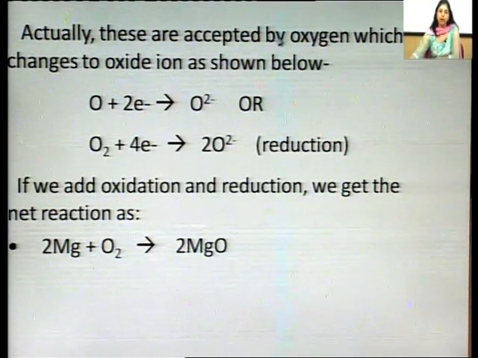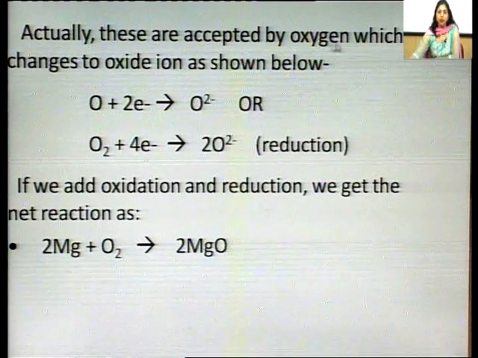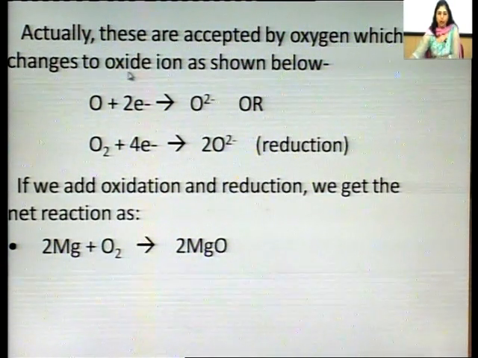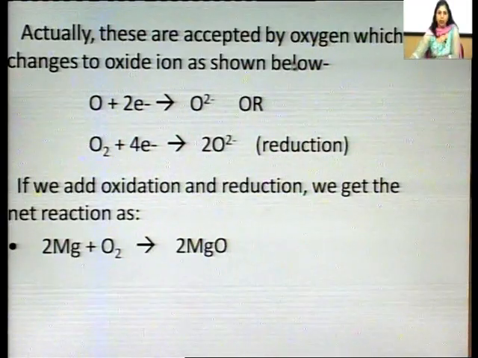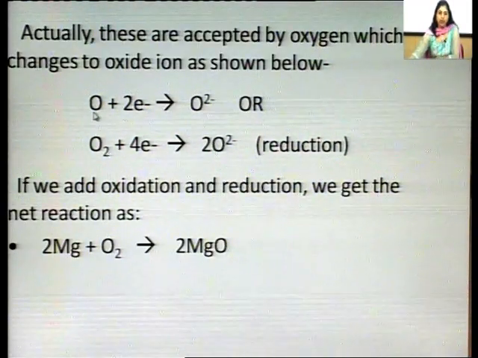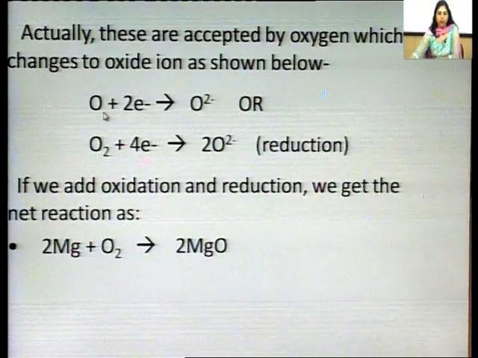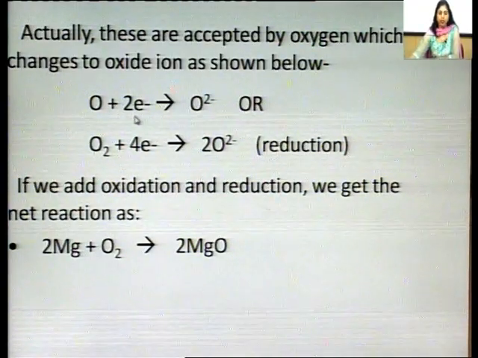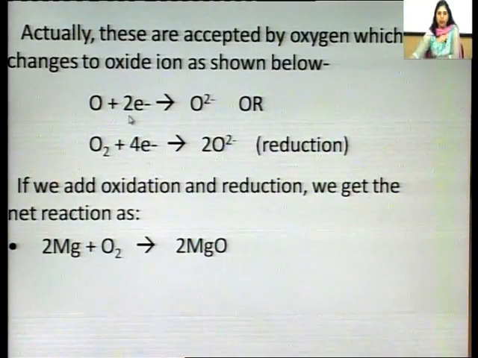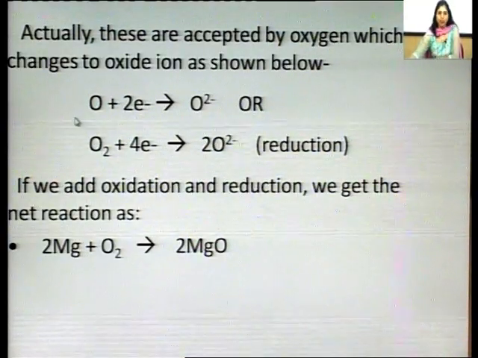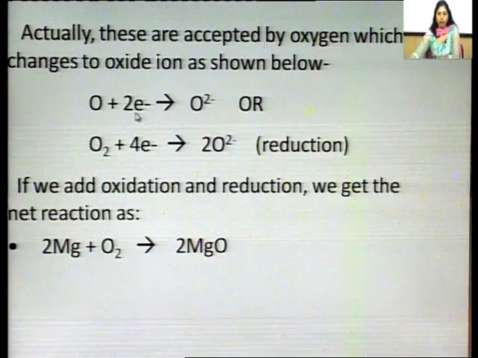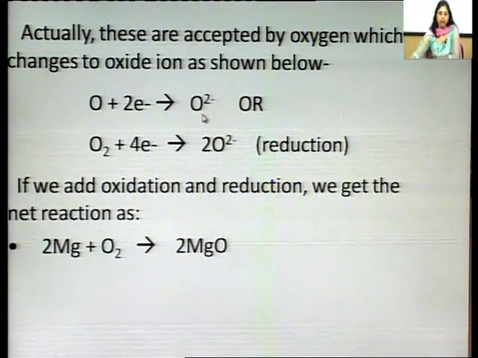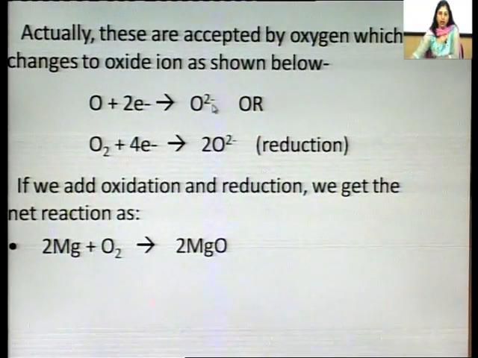Actually, these electrons are accepted by oxygen, which changes into oxide ion as shown. Here, one atom of oxygen will gain these two electrons lost by magnesium, and after the gain of two electrons, it changes into oxide ion, that is O2 negative ion.